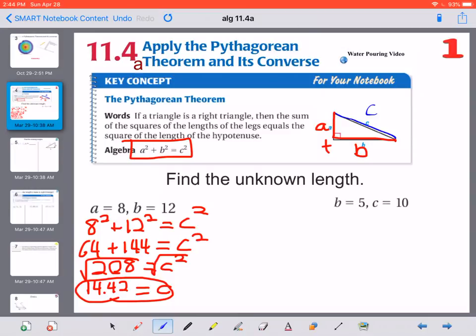Next one we know B and C. So what we don't know is A squared. So we do know B is 5 squared, and we know that 10 squared. So we have A squared plus 25 equals 100. Now we're trying to get A by itself, so I'm going to subtract 25.